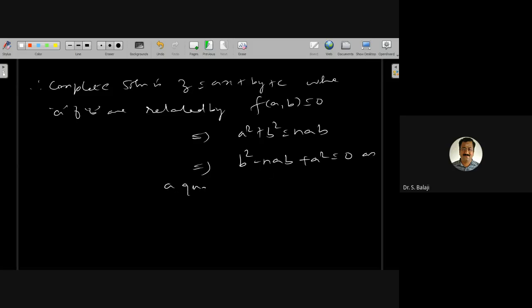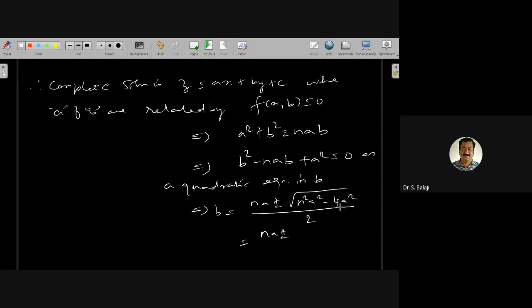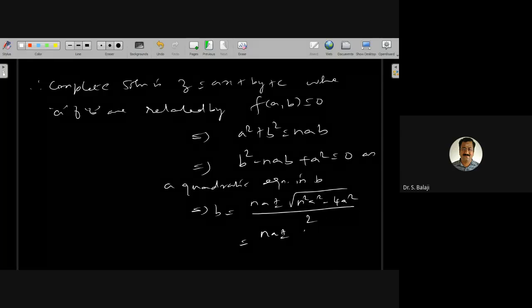As a quadratic equation in b, you can write b in terms of a: b equal to minus b plus or minus root of b square minus 4ac by 2a, where a is 1, this is b, and c is equal to a square. So b equals na plus or minus a into square root of n square minus 4, all by 2.